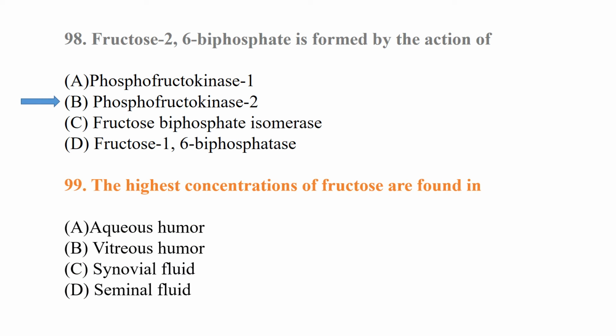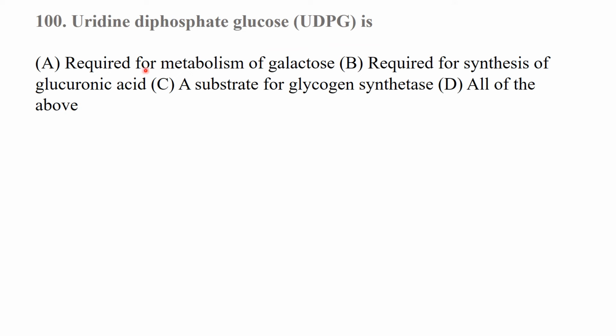The highest concentration of fructose is found in seminal fluid. Uridine diphosphate glucose (UDPG) is required for all of the following: required for metabolism of lactose, required for synthesis of glucuronic acid, a substrate for glycogen synthetase. So it is the requirement for all of these.